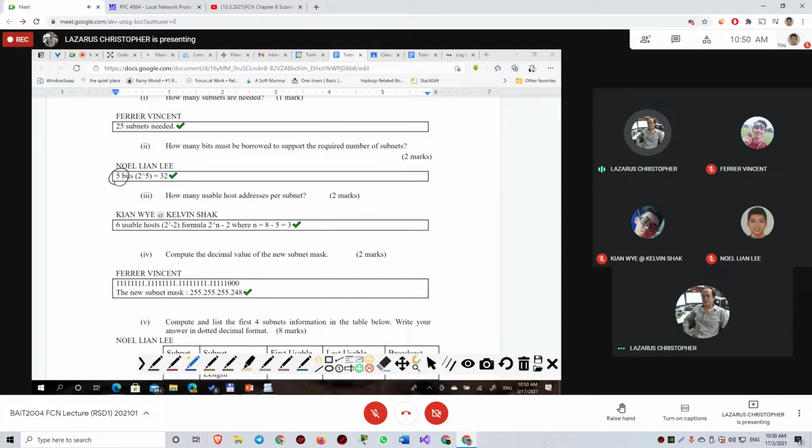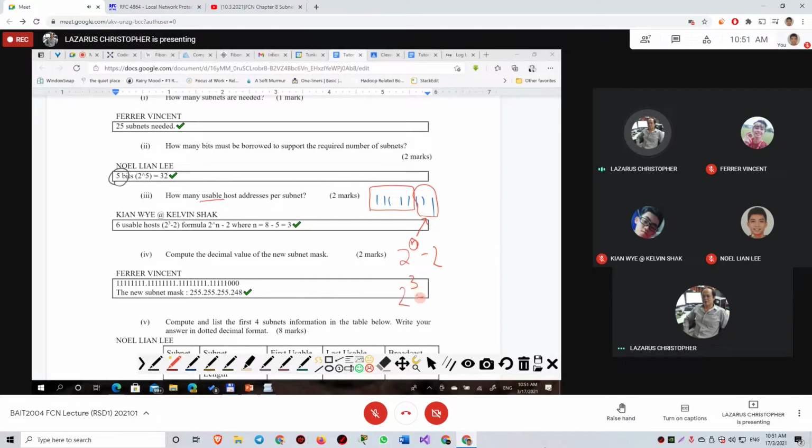So if we light up the 8 bits, we borrow 5 bits, so only 3 bits remain on the host part. The formula for usable hosts is 2 power n minus 2, with n being 3 bits.